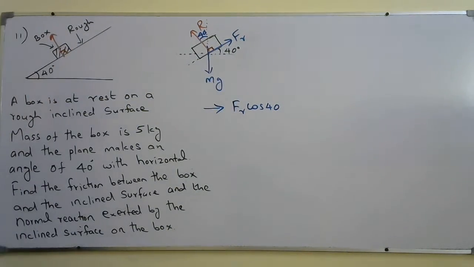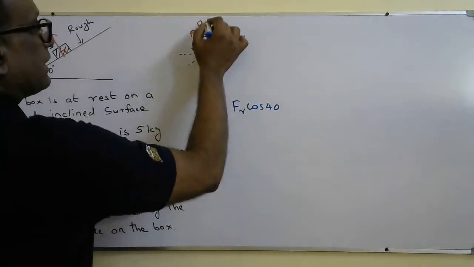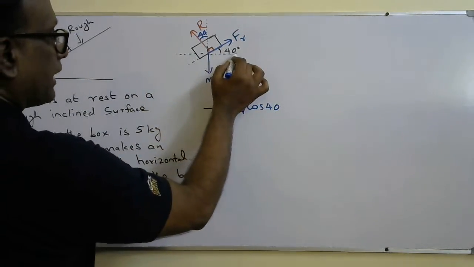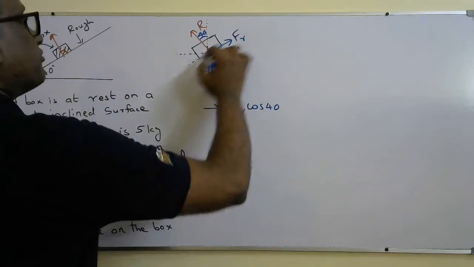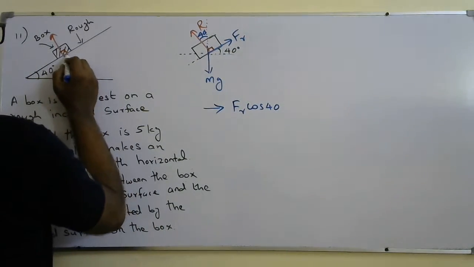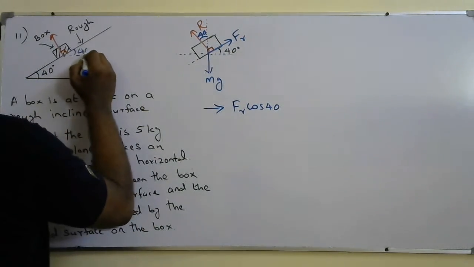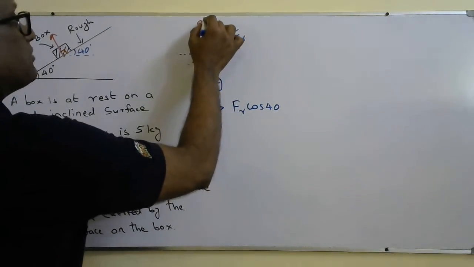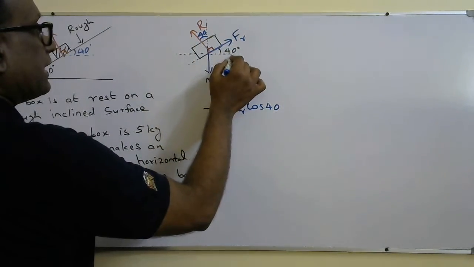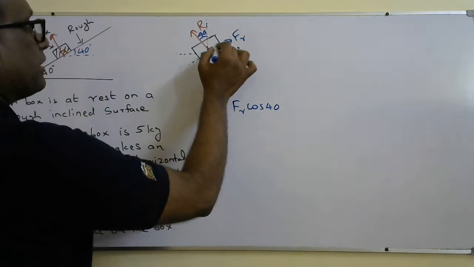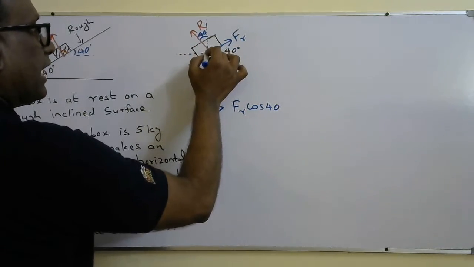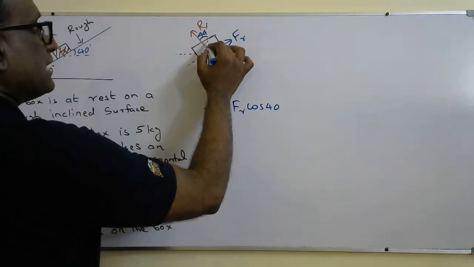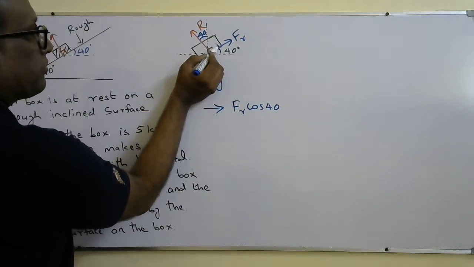Can you see that? Because this is mg, vertical line. This is horizontal line. So this plane makes 40 degree. If I draw a horizontal line here, this will be 40, parallel angles. But this vertical line and this is 90, the total angle. This is 40 means the angle between the vertical line and the FR is 50.